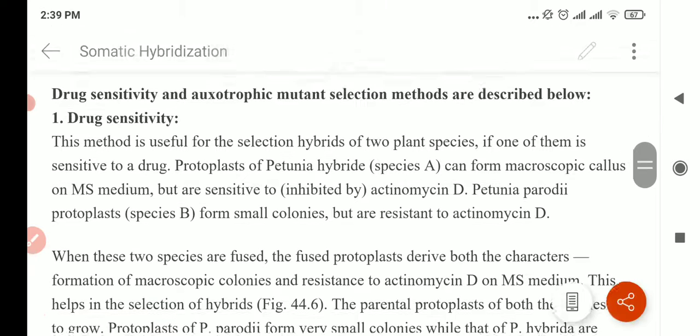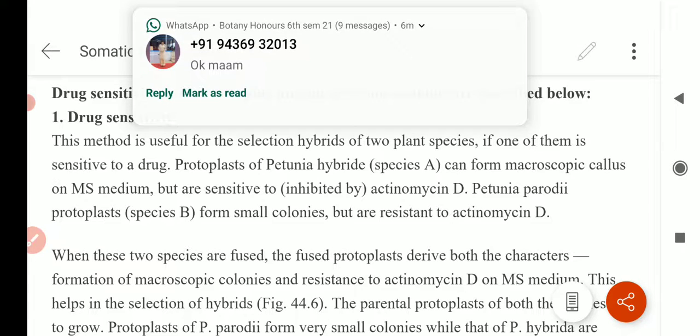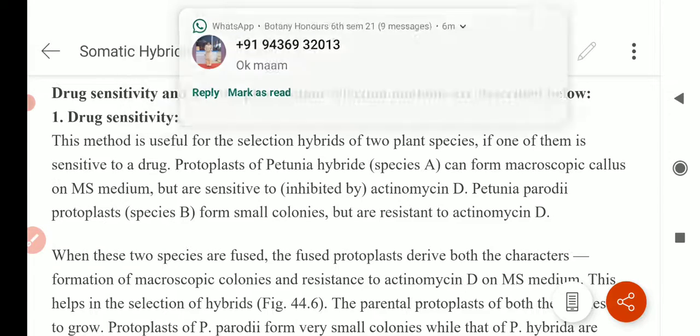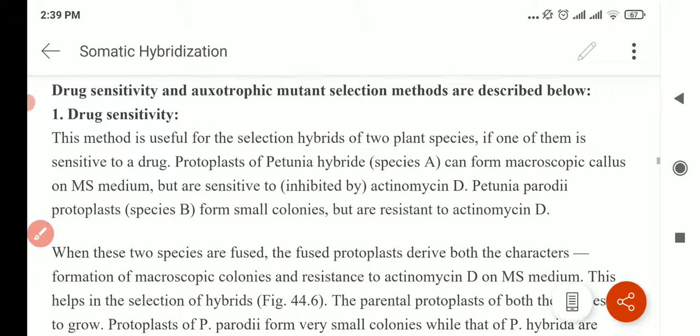If you want to select your hybrid using the drug sensitivity method, suppose your hybrid is sensitive to one particular medication. Looking at the example will make it easier.